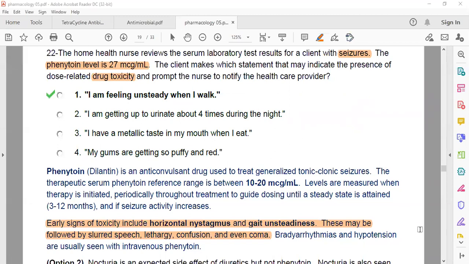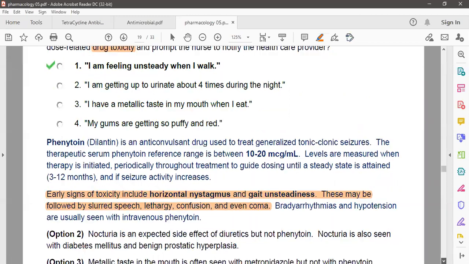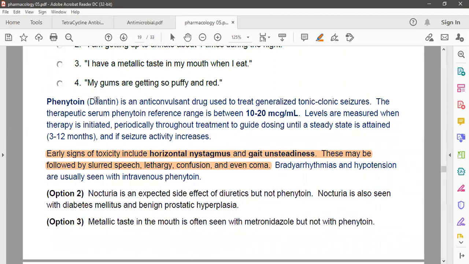Let me read about phenytoin. Another name for phenytoin is Dilantin. Phenytoin is an anticonvulsant drug used to treat generalized tonic-clonic seizures. The therapeutic serum phenytoin range is 10 to 20 micrograms per dL.